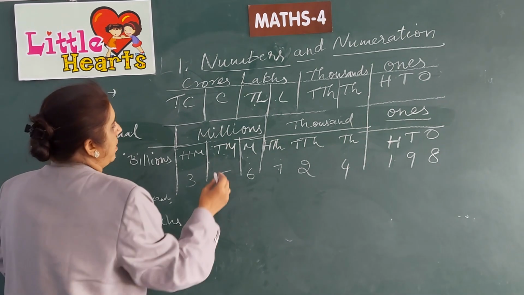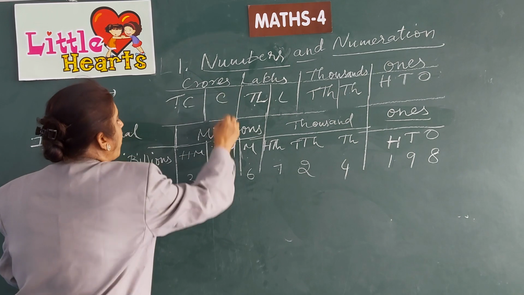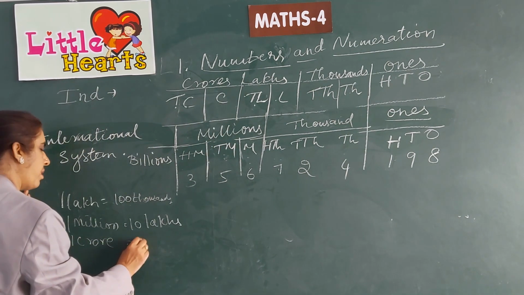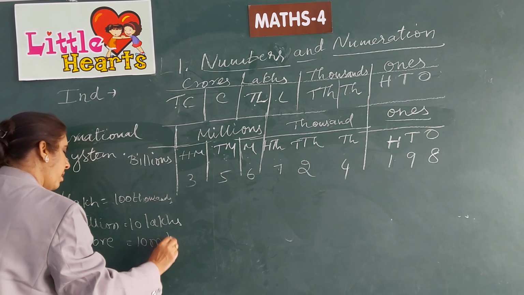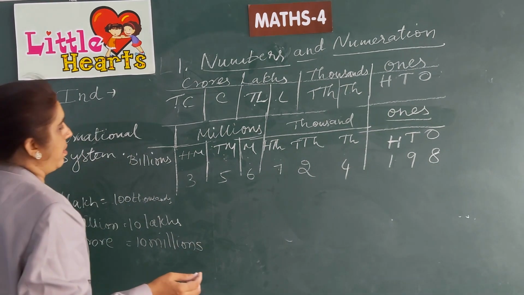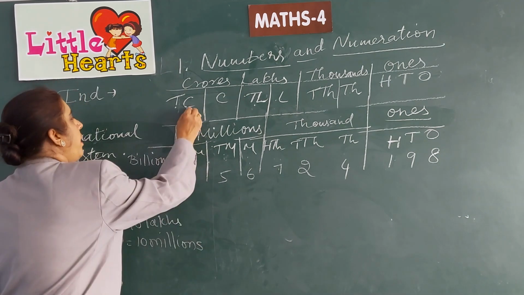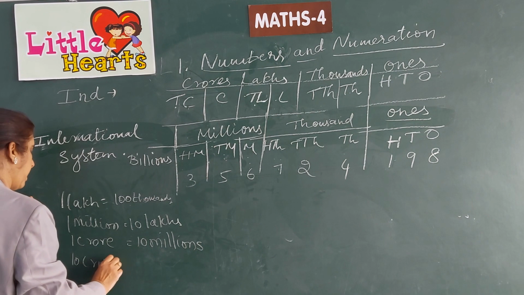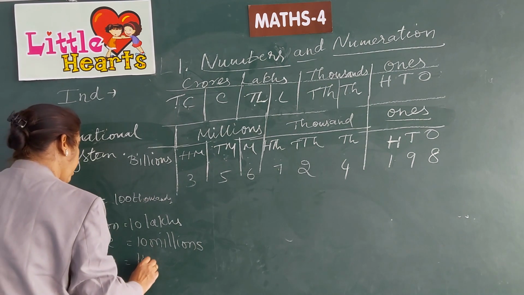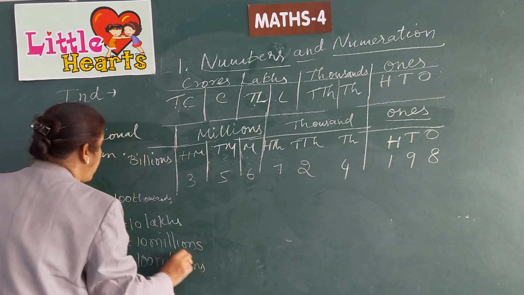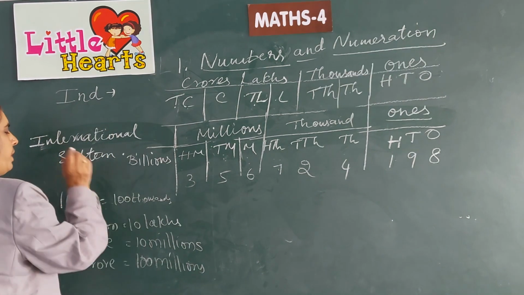Next, 10 millions: 1 crore equals 10 millions. And 10 crores equals 100 millions. This is the conversion of Indian to international.